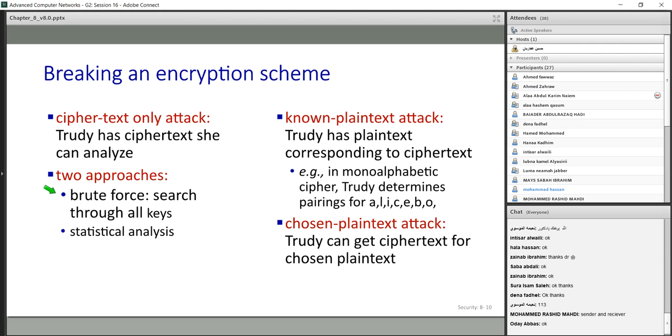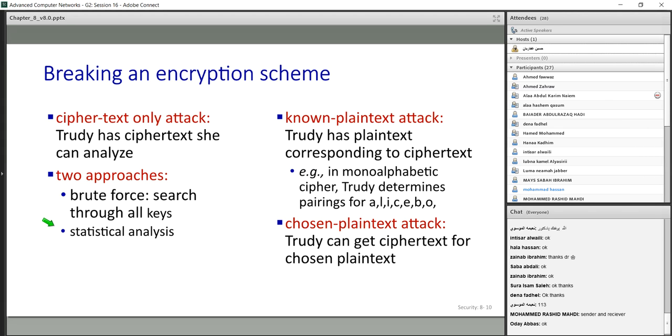Use a combination of all of these. Why? Because Trudy can make a brute force attack on your account. If you use a strong password, Trudy has to spend too much time to crack your password and gain access to your account information.